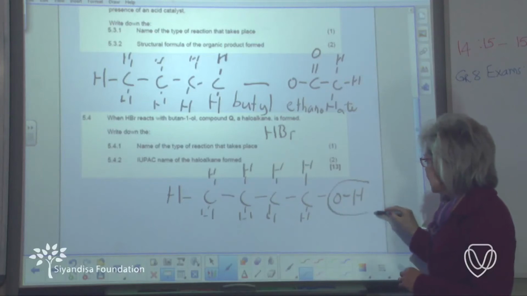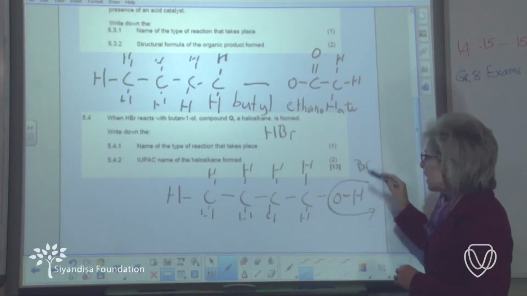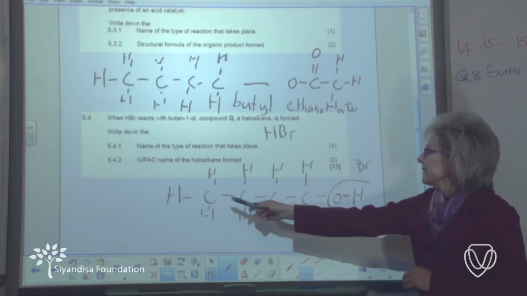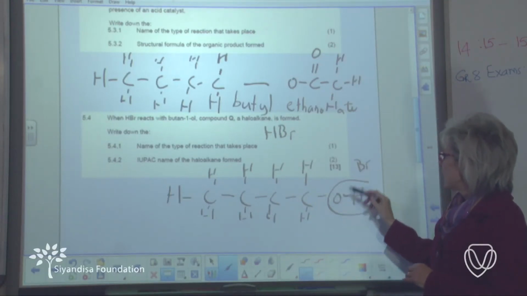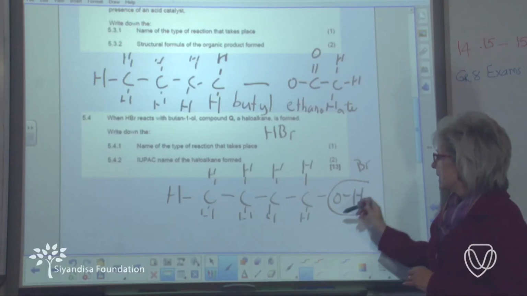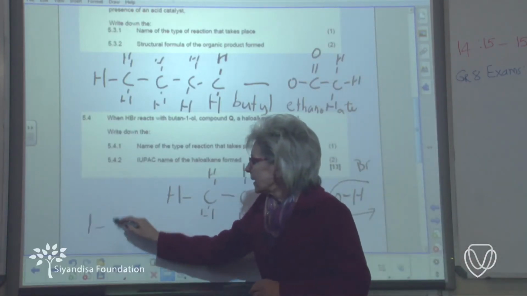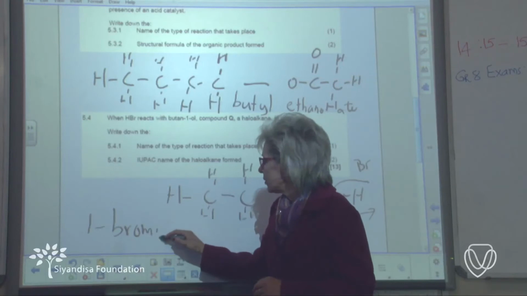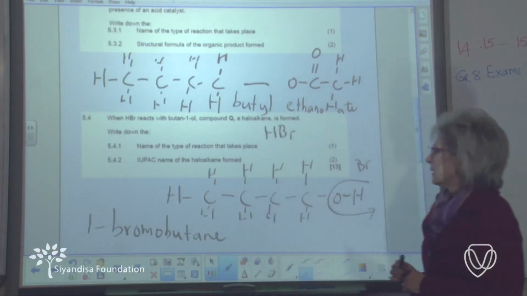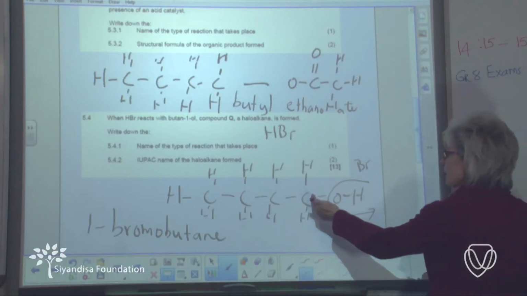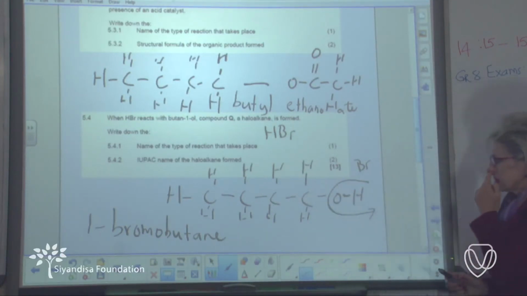This part gets substituted by Br. So what is the name of this haloalkane that's formed? The Br replaces the OH. So this becomes 1-bromobutane. Why 1? Because it is on carbon 1.